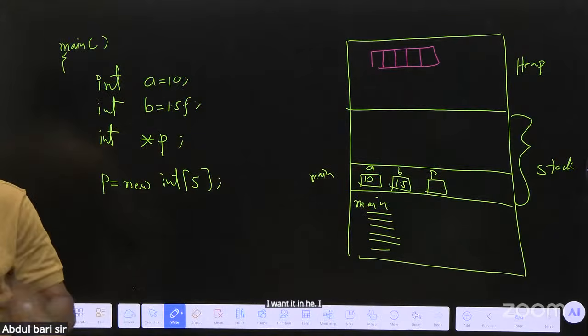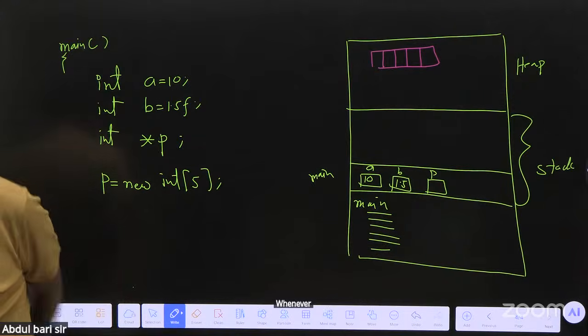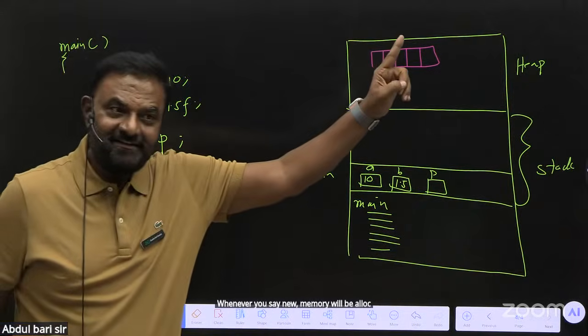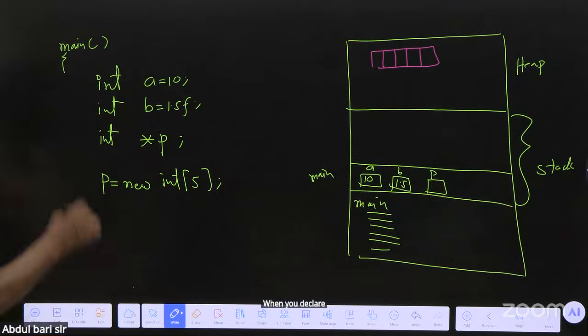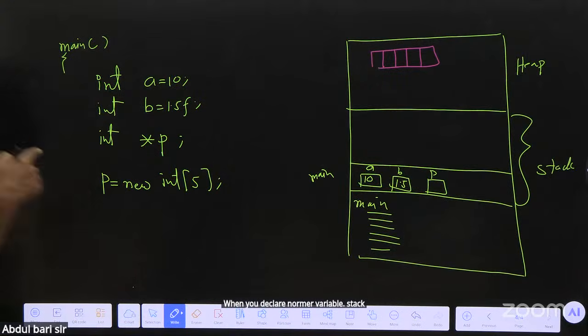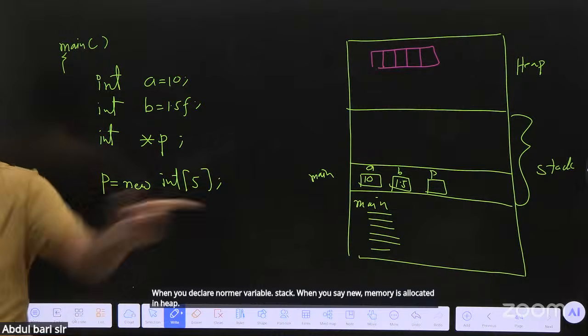I want it in heap. Whenever you say new, memory will be allocated in heap. When you declare a normal variable, stack. When you say new, memory is allocated in heap.